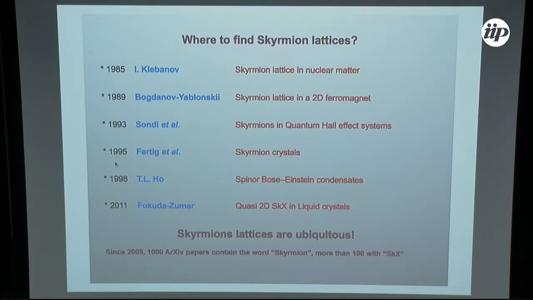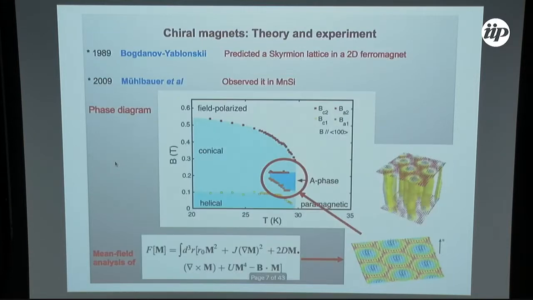They appear in many places, which is why I say ubiquitous. I checked that if you put Skyrmion in the title on the arXiv, there are 1,000 papers talking about that. I don't know if this is important or not, but at least it's a topic that other people are looking at.